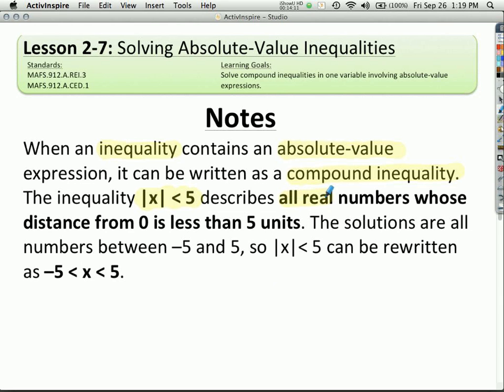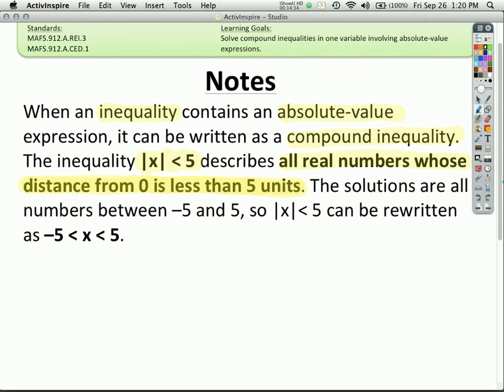Here it is written in English: all real numbers whose distance from 0 is less than 5 units. And that is the key right there. Distance from 0 is less than 5 units. So I want to talk about that for a moment.